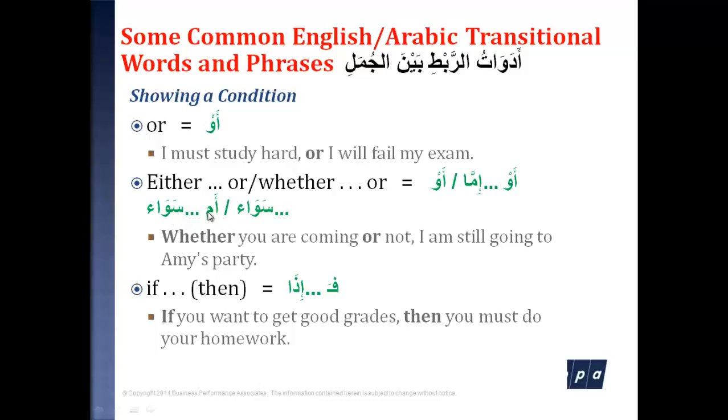So there's a few ways of saying the same in Arabic, I would focus on these first two. أو, or, basically. إما أو, either or, is a very common one. So you'd say إما هذا أو ذاك, either this or that.